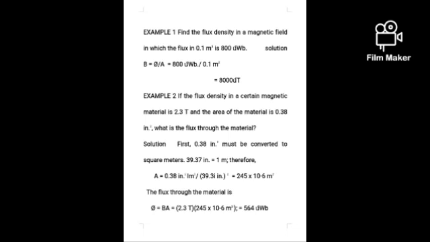So your area is 0.38 square inches divided by 39.37 squared. You square it, then you are going to have 245 times 10 raised to the power minus 6 square meters. Okay, now so we have that.